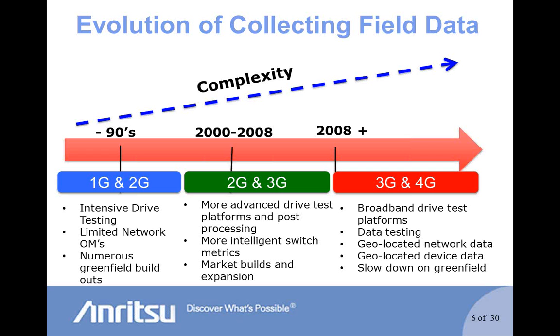And then you fast forward to 3 or 4 years ago, and you see that same evolution, and you also see more complexity, right? So you're seeing broadband drive test platforms that support multiple frequencies, multiple bands, multiple technologies. You also see more intelligent geocoded network data being leveraged by all the vendors so that you can compile them in a local database.